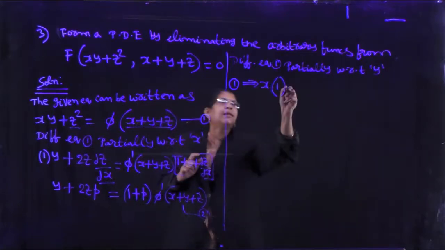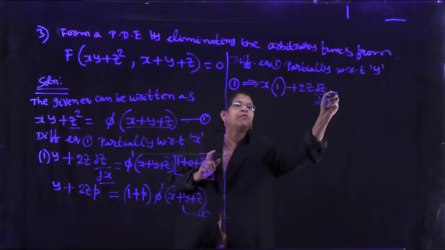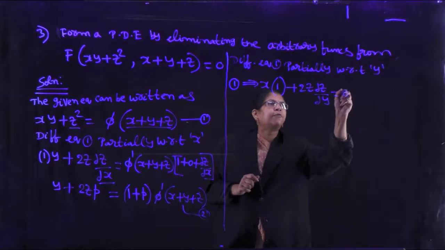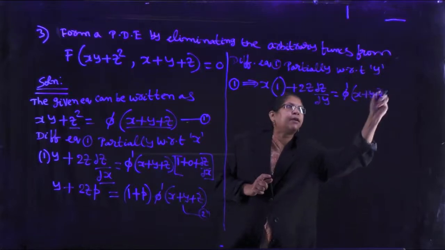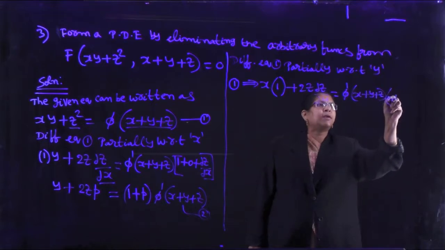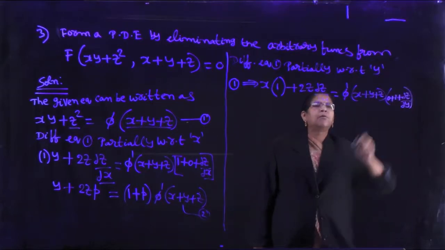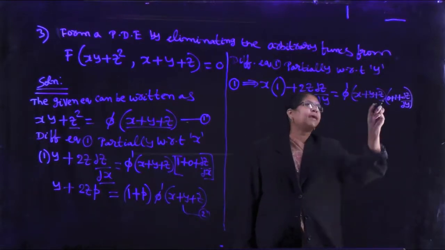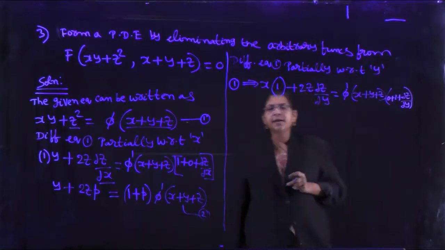The derivative for z² is 2z into ∂z/∂y, which is equal to φ' of (x + y + z) into: for x the derivative is 0, for y the derivative is 1, for z the derivative is ∂z/∂y.